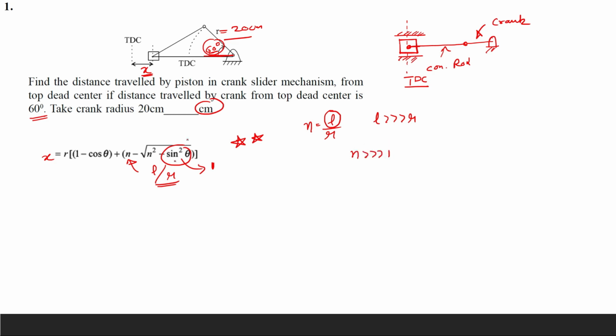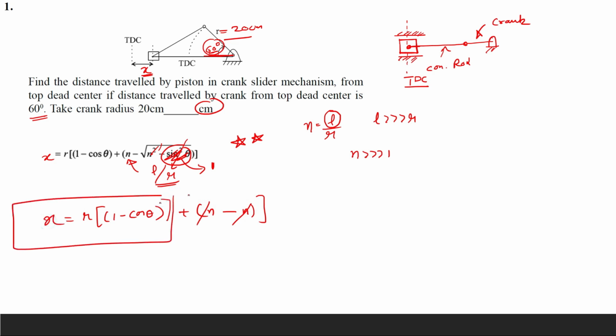So I can neglect sin square theta as compared to n square. So this formula becomes r times (1 minus cos theta) plus n minus n, because when you neglect it, the n square under root cancels, it is now n, and this also cancels. So the final relation you can use to calculate displacement is x equals r(1 minus cos theta). Now r is given as 20 centimeter, and 1 minus cos of 60 degree. Okay, so solve from here and you can find the answer.